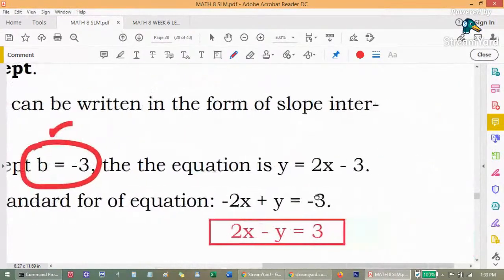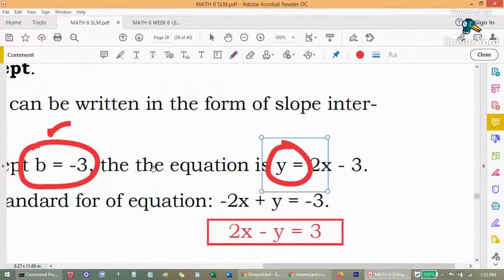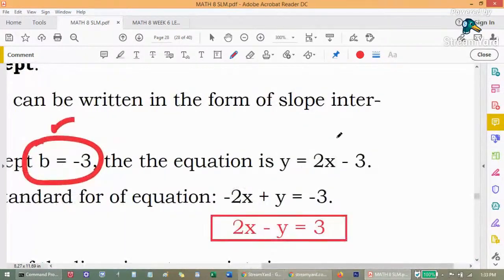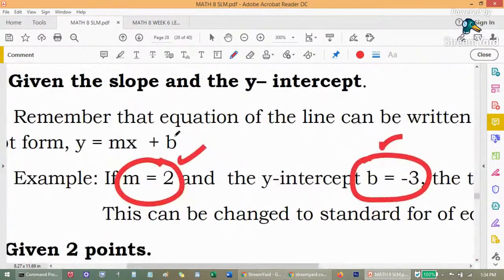So, ang equation natin magiging y is equal to mx. So, ang m natin is 2. So, magiging 2x. And then plus b.